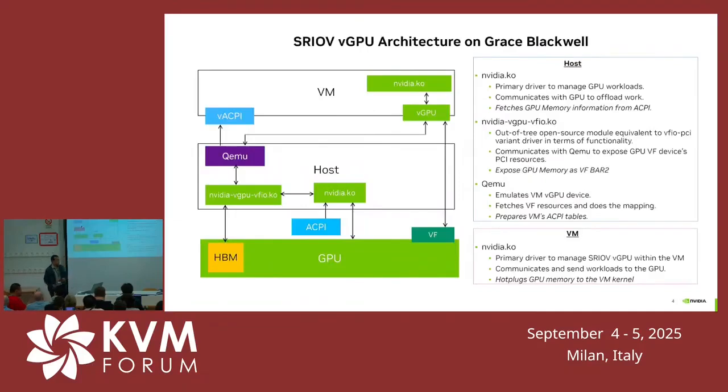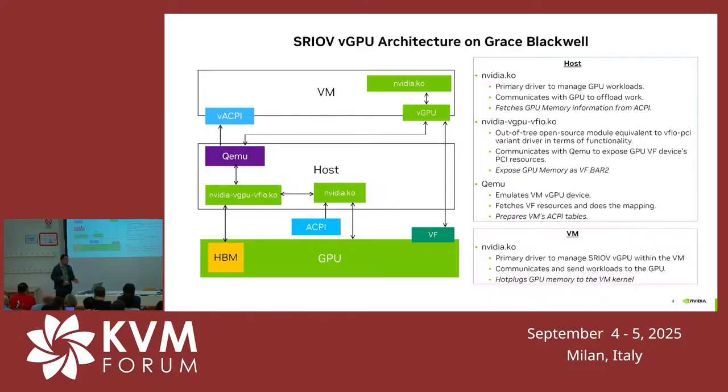So going ahead to the architecture for vGPU, we have kept the architecture almost similar to what we do for x86 systems. There are some subtle changes that I'll explain, but overall the architecture is very much similar. For example, the NVIDIA.ko on the host is the primary driver that manages the GPU workloads.